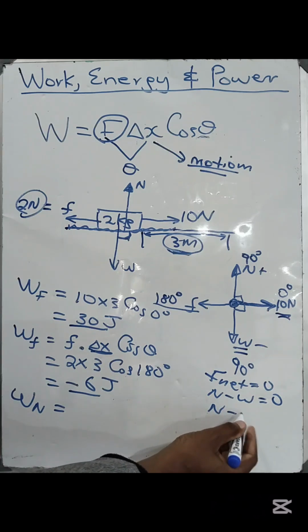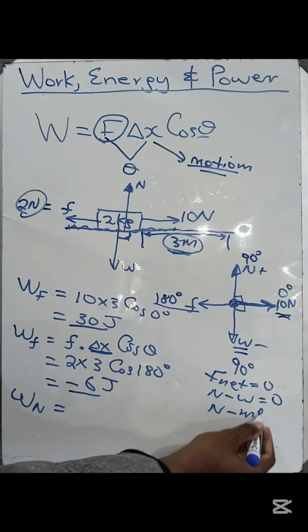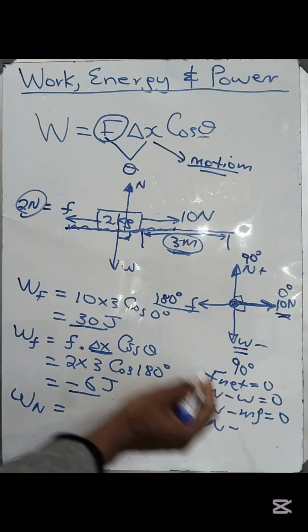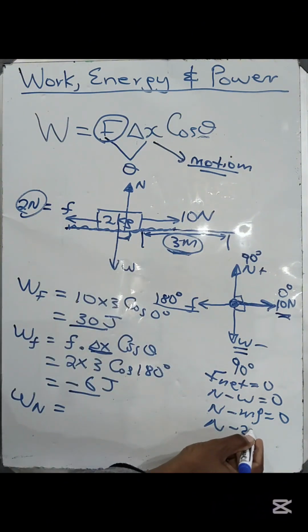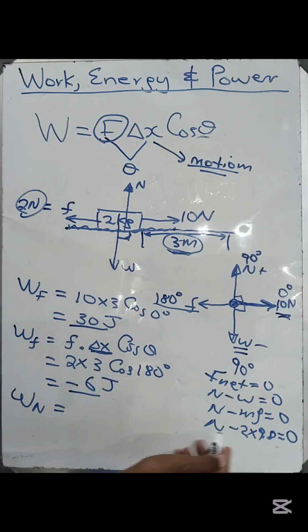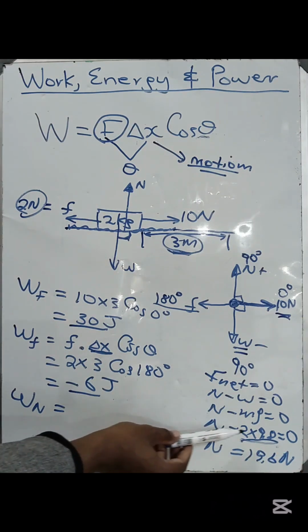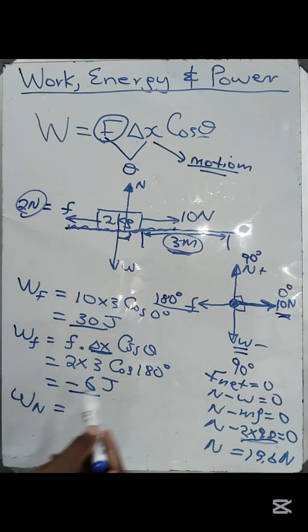The weight is mg, so normal force minus the mass, which is 2 kg, times 9.8, is equal to 0. Then when you press the calculator, you get the normal force, which is 19.6 newtons. So the normal force is the same as the weight in this case, okay?